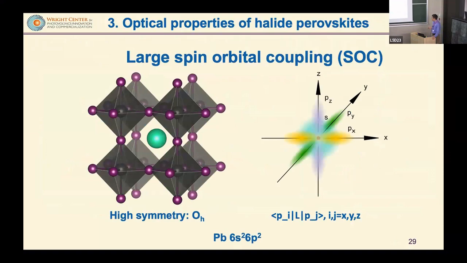Spin-orbit coupling is a known fact for heavy elements, which can be described by this operator, which is how those outer shell p orbitals interact with each other. It brings a coupling, and because of the coupling, the bands will be lower in energy. So the strength of the coupling is very important.